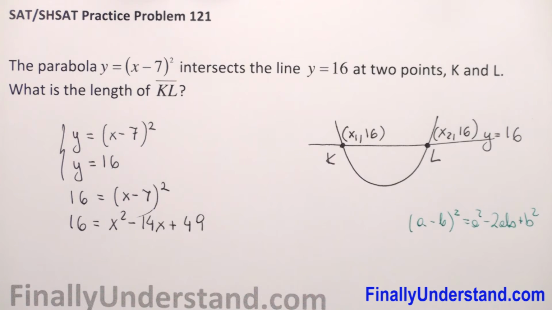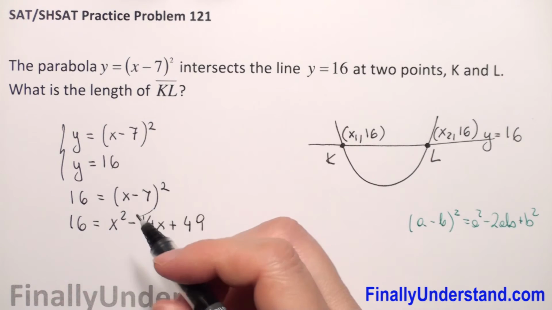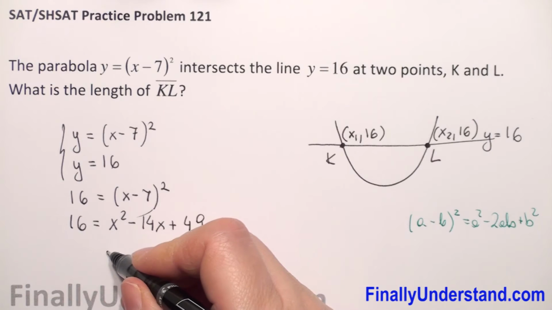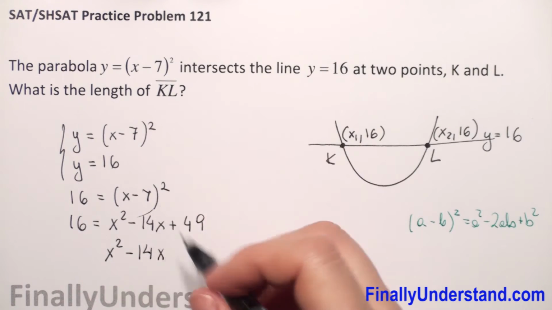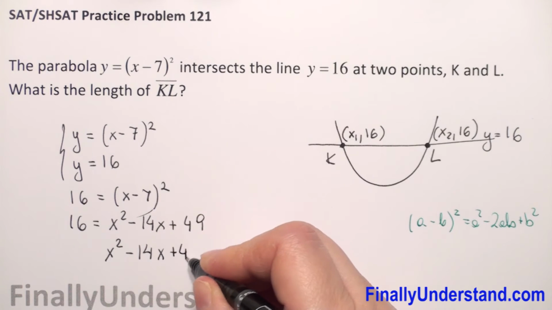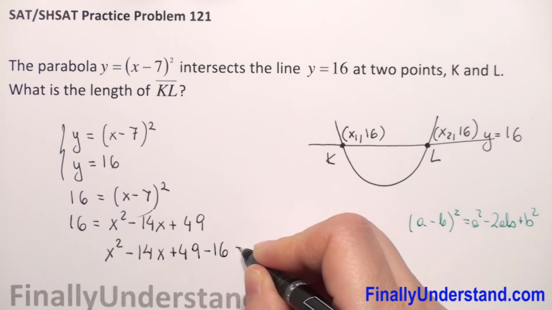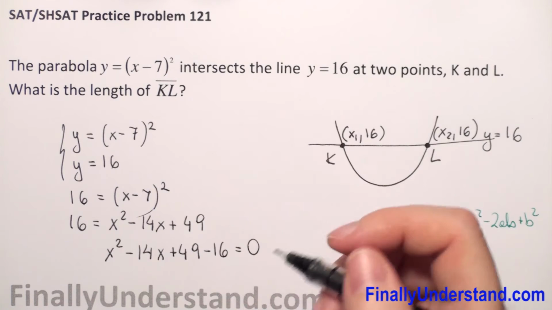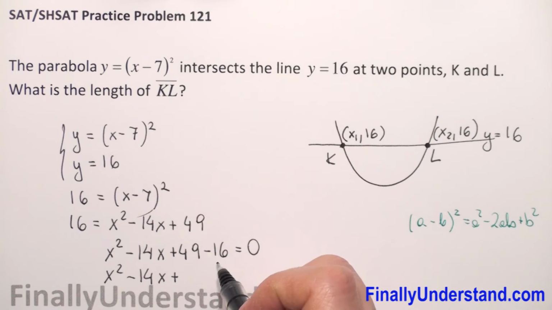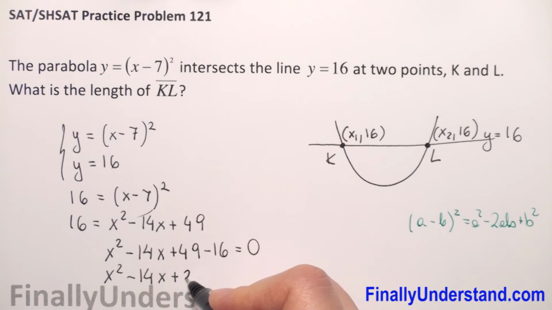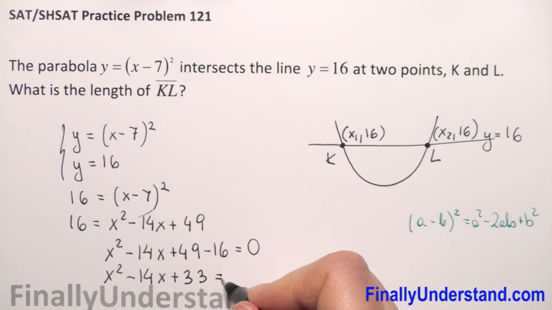In our example, a is x, b is 7. Now I will move 16 to the right side. So we will have x squared minus 14x, and I will change the sides, plus 49 minus 16, equal to 0. So x squared minus 14x plus 33 equals 0.